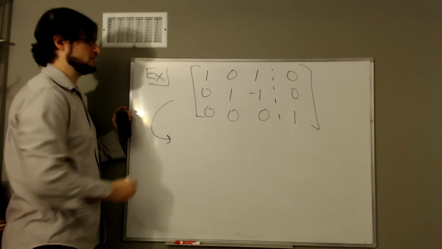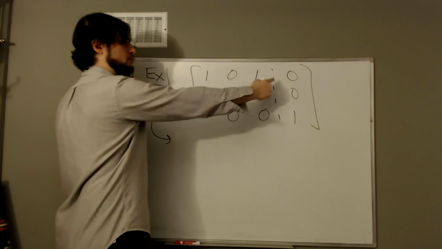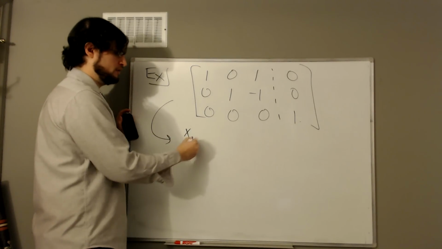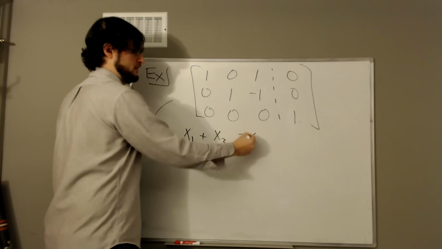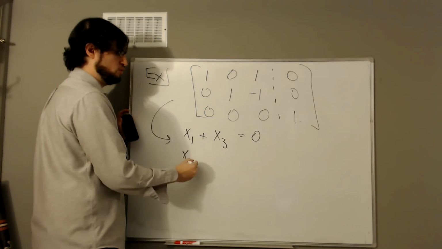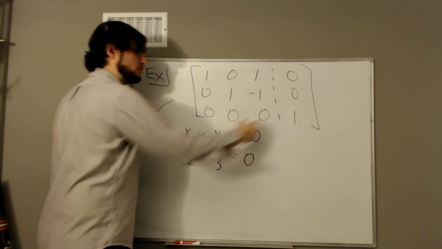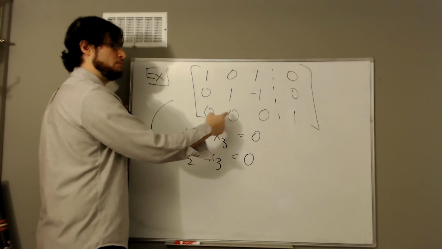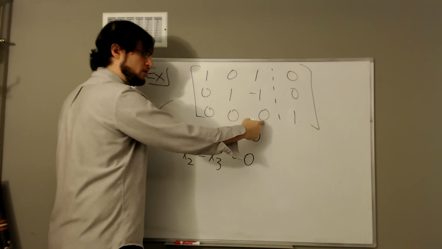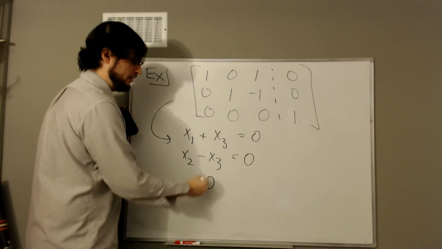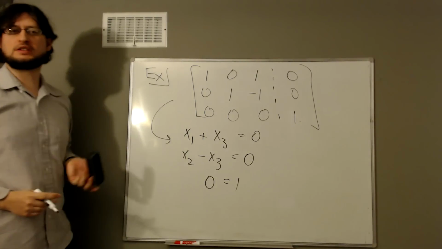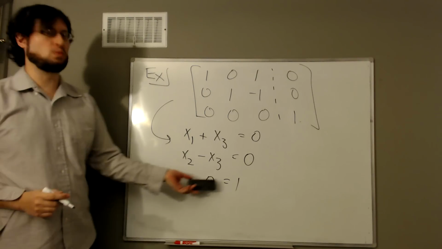What does this system look like if I turn it back into equations? x1 minus x3 is 0, x2 minus x3 is 0. This last equation is 0x1 plus 0x2 plus 0x3 is 1. That equation says 0 is 1.